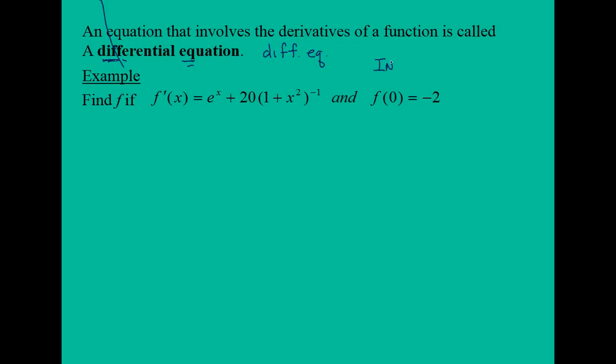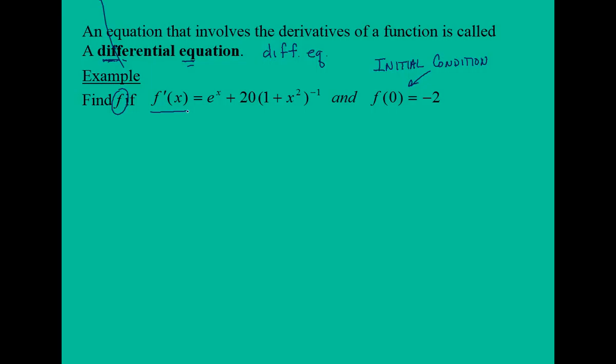So this is our initial condition, this right here. And that will help us find our constant of integration. Now, in this example, it says find f. Well, what's given is f prime of x. So we are actually trying to find the antiderivative of this function.